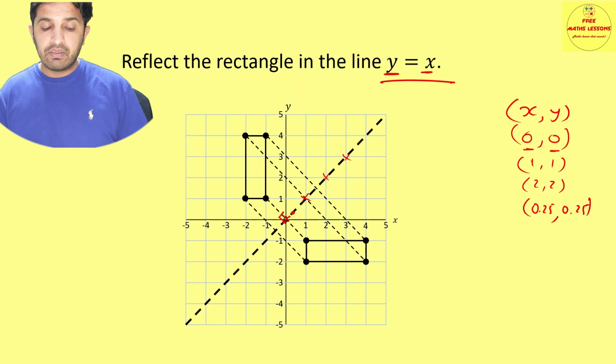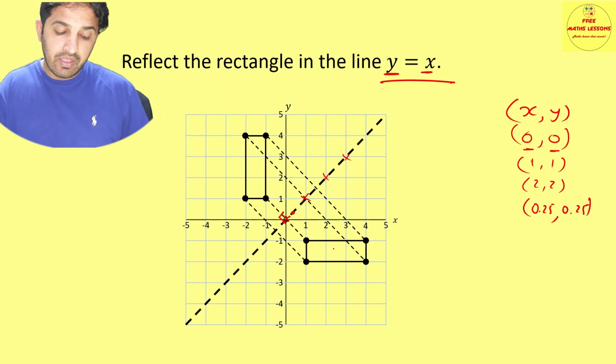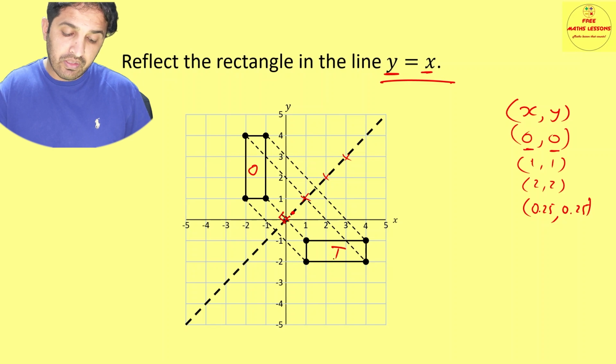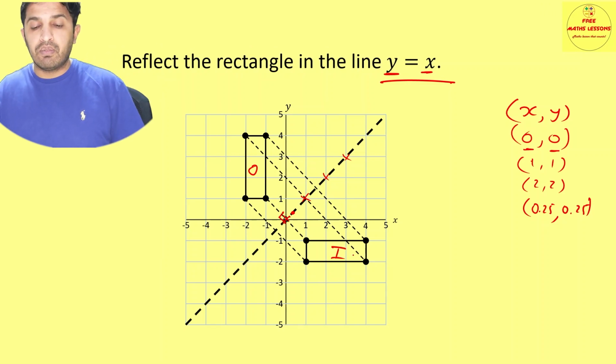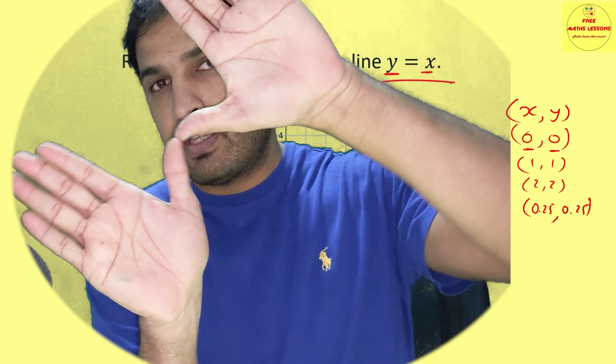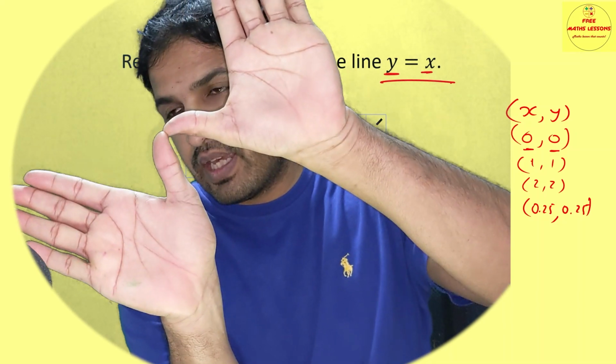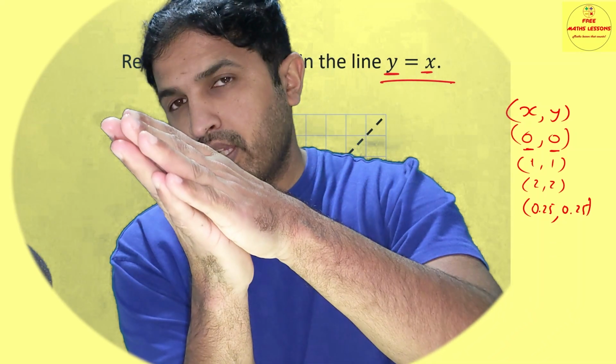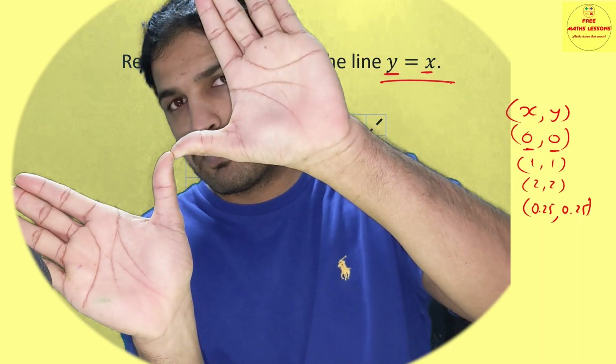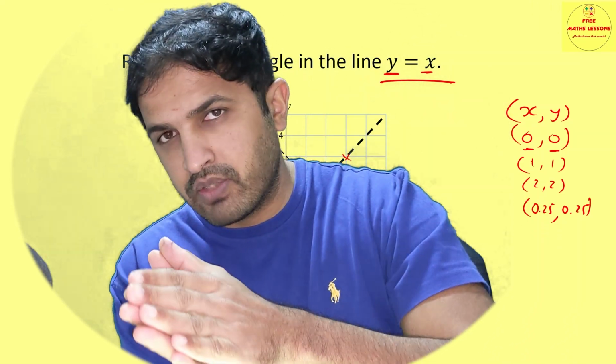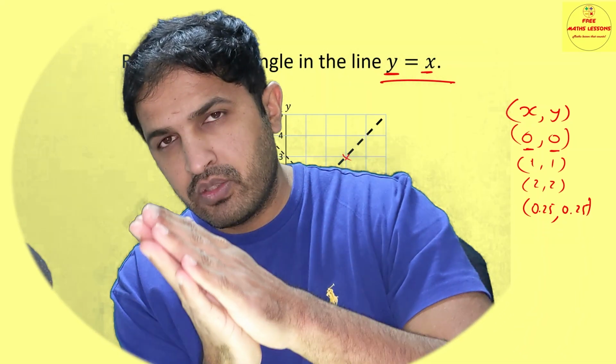If you fold this shape into this line of reflection, this object should match exactly on top of the image. Think about it this way: there's a diagonal line there. When I fold it, it should match.